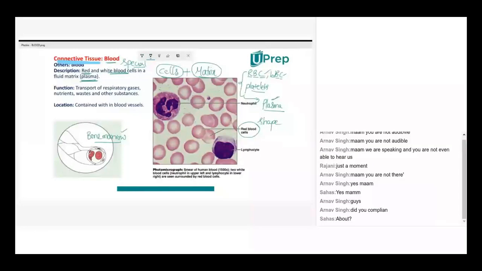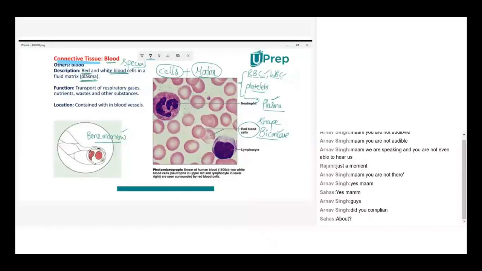Disc shape is correct only, but some other name is there. What is the shape? Circular, biconcave. Yeah, biconcave. Good. Biconcave, not circular. Biconcave.